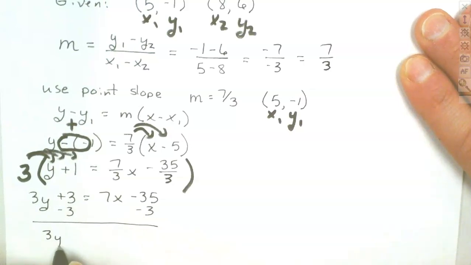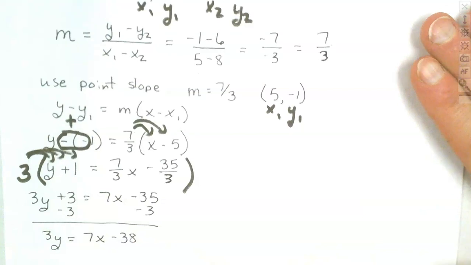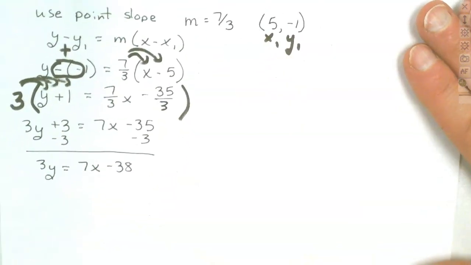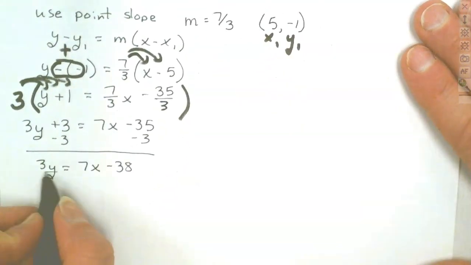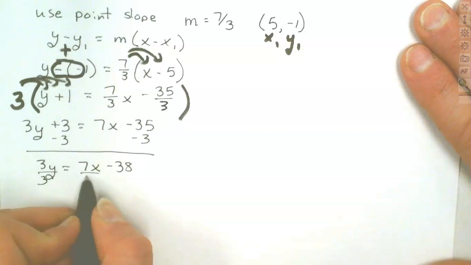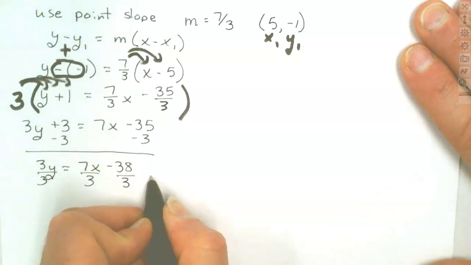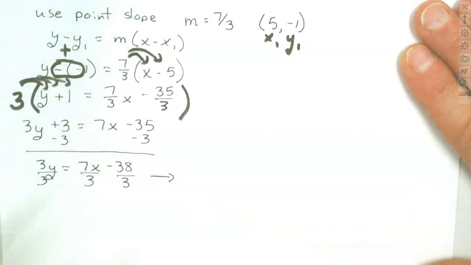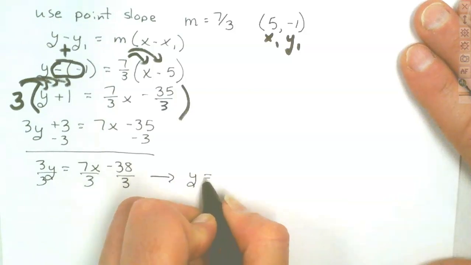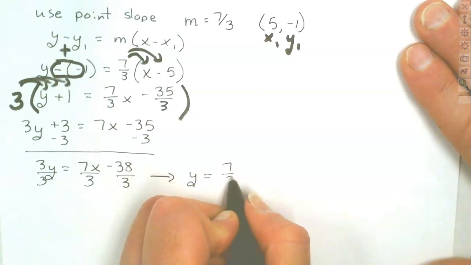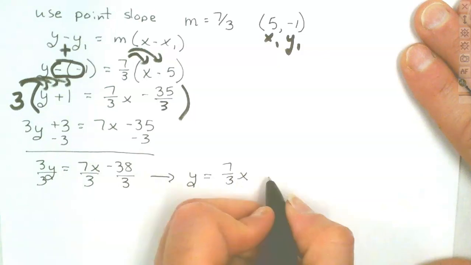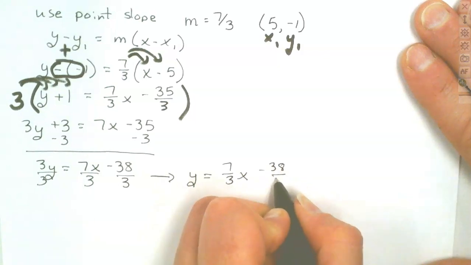And so 3y equals now 7x minus 38. We're almost finished. So we'll go ahead and divide this by 3 everywhere. And that leaves us then with y equaling now 7/3 x minus 38/3.